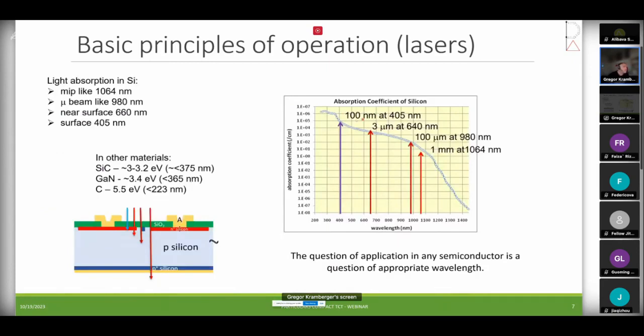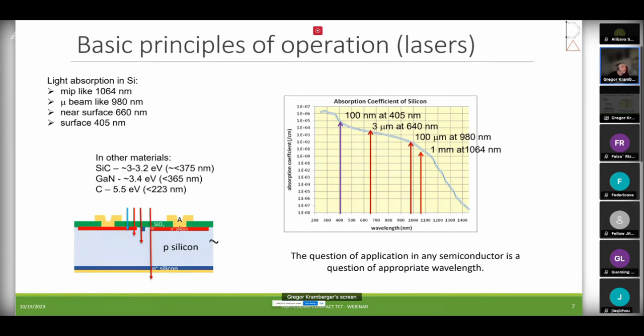Let's just have a look at the laser flavors for silicon, for example. If you go to 1060 nanometer, your laser goes 1 millimeter into the device. This is indicated here. And this basically mimics the minimum ionizing particle, so it deposits a roughly homogeneous amount of electron hole pairs along the track.